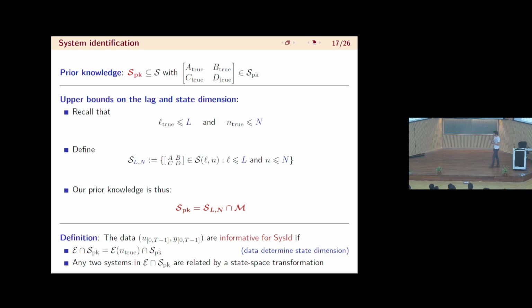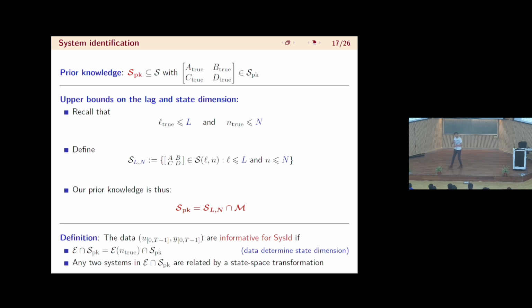Second property we need for the data to be informative for system identification is that any two systems that are explaining the data and satisfy our prior knowledge are related by a state space transformation. In other words, they're isomorphic. If these two properties hold, then we say the data are informative for system identification.